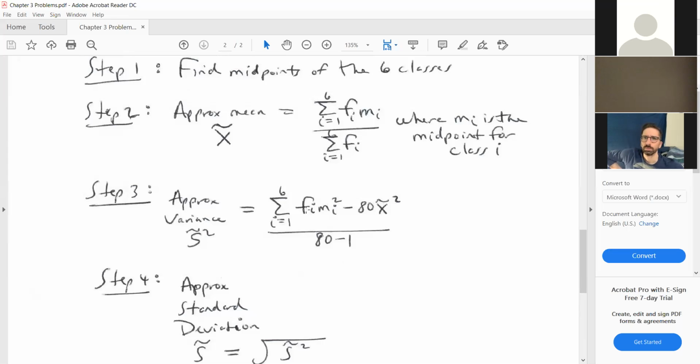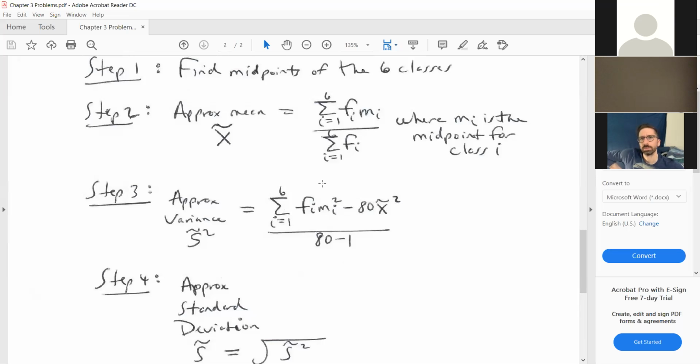All right. So you take, again, f, the frequency, times the midpoint squared. You take the sum of all those, and then you subtract 80 times the approximated mean squared.